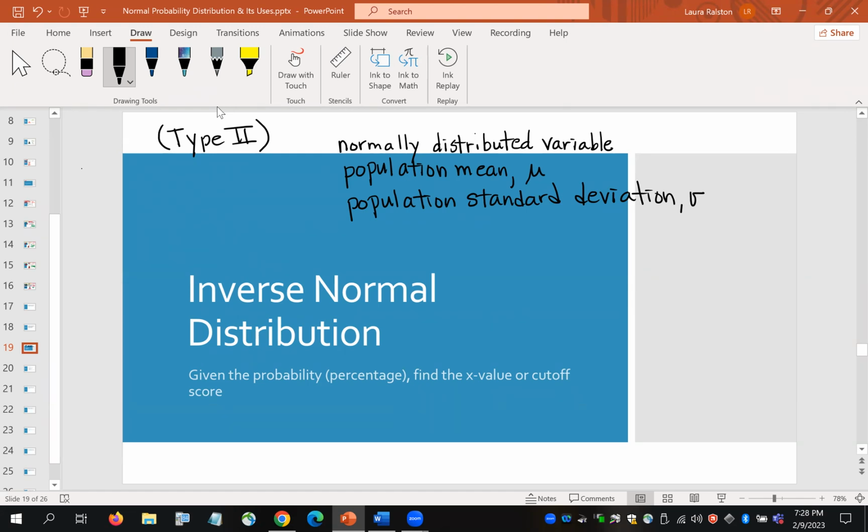But the difference is this time you have the probability, which could be stated as a decimal or a percentage.